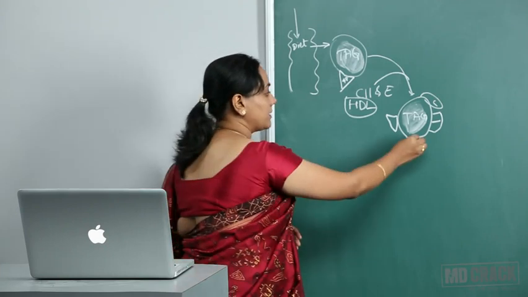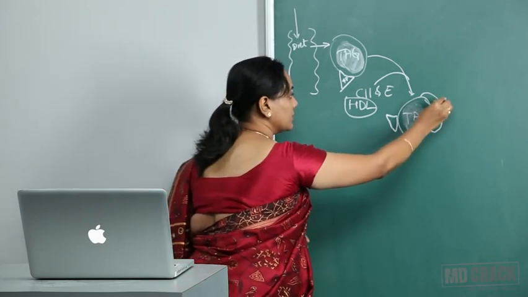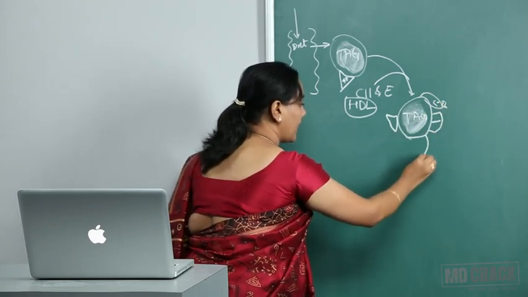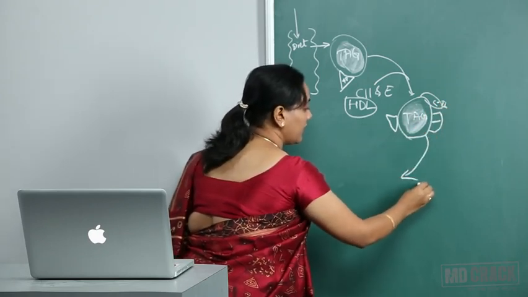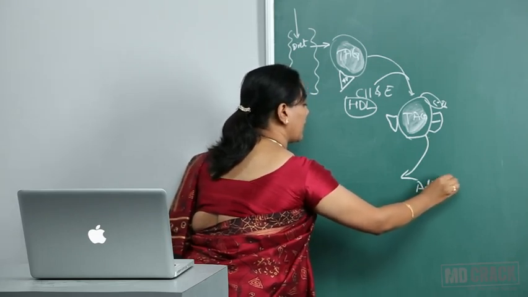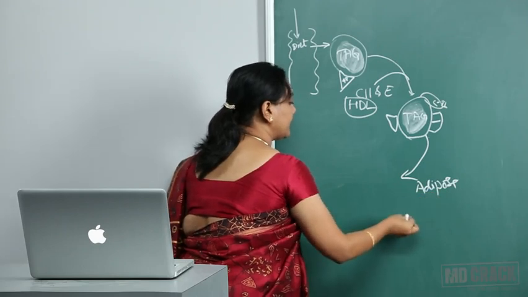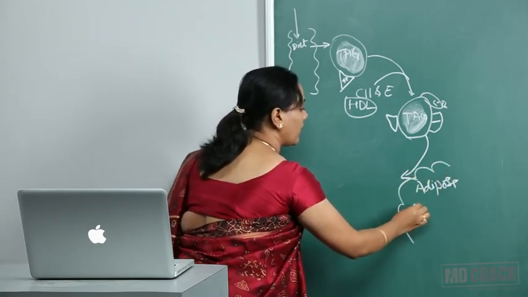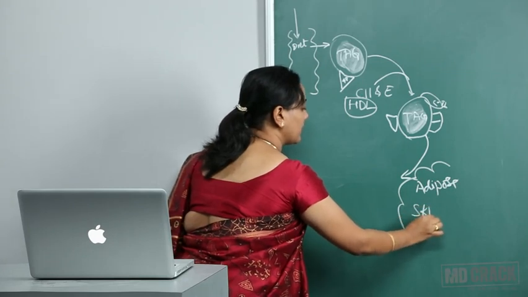Out of the extrahepatic tissues, there are 2 important tissues: the adipose tissue and the skeletal muscle. I am just going to show it like this: adipose tissue and also the skeletal muscle.